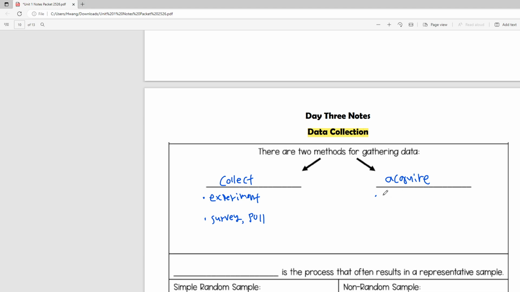What about acquiring data? Acquiring data is usually used in the area of gathering or research. Some good examples for acquiring data are from a paper or writings, like scholarly, confirmed writing.